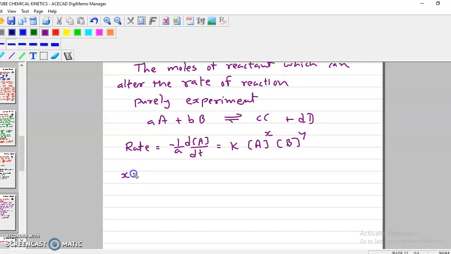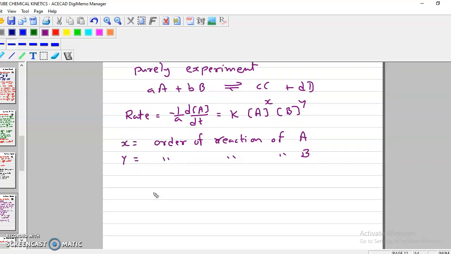There x is equal to the order of reaction of A and y will be the order of reaction of B. So this way we know x and y, but x and y can be determined only through experiments, while molecularity can be found out from the given reaction. Whatever the reaction is given, from this we can write it. So we'll take a few examples in which we write everything about these reactions.